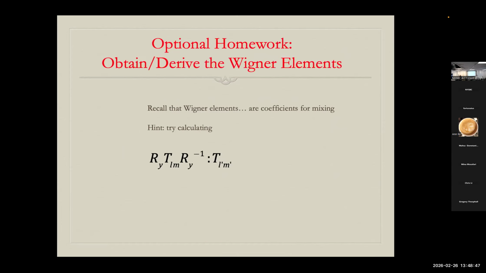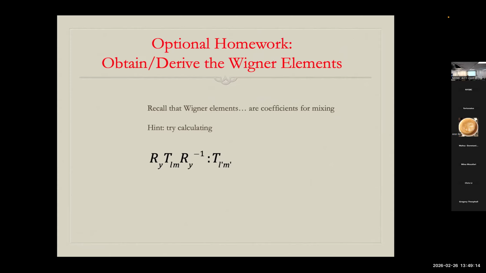Now, some of the problems I'm really stressing and saying you really should do this, and some I'm saying, yeah, just if you want to. This is a, yeah, just if you want to. There is a systematic way that you could derive these D elements, like if somebody didn't give it to you, or if you feel like there's a typo, you can by yourself figure out what they are.